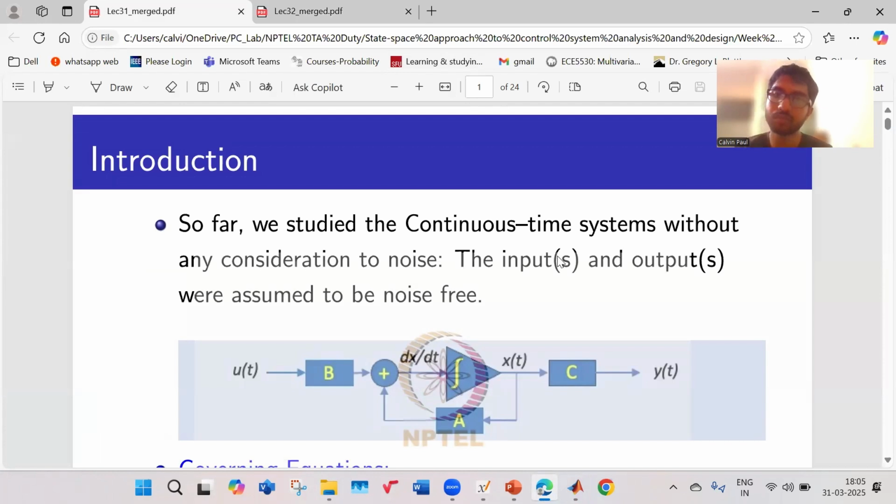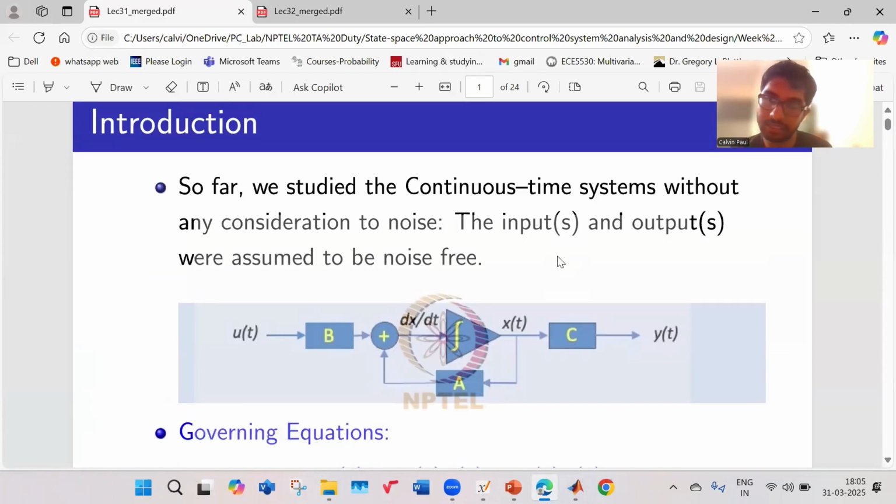So what Sir taught this week was about the Kalman filter. And why is the Kalman filter there? Because in the real world, everything is not ideal. There is so much noise, so many disturbances, and so many non-idealities. Even in the presence of all these non-idealities and noise, we want to properly control our system.